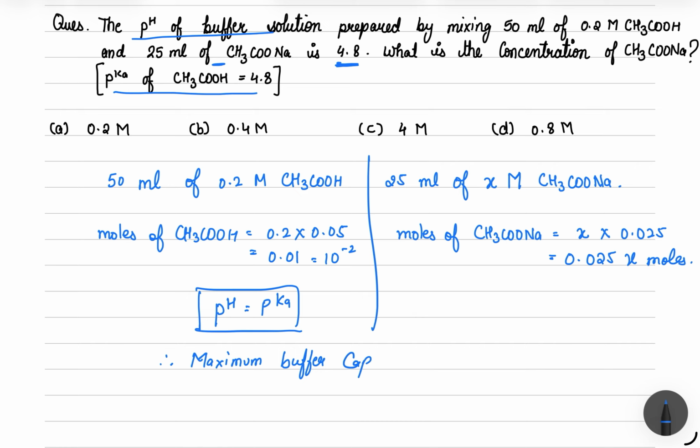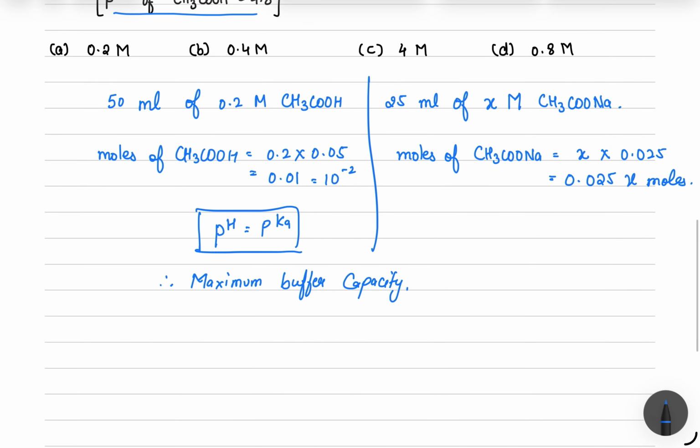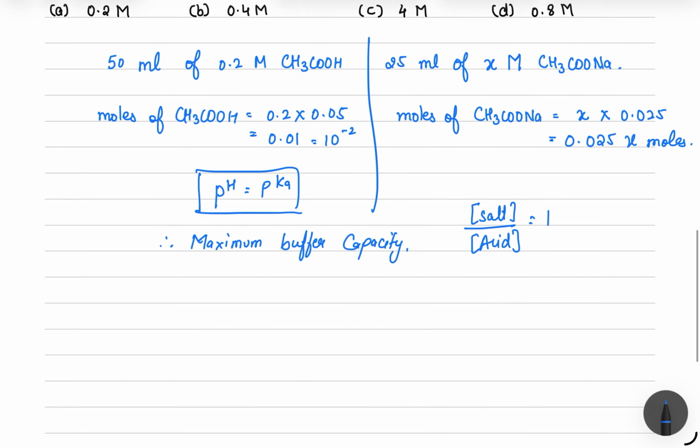And when this maximum buffer capacity condition applies, salt upon acid ratio is 1.